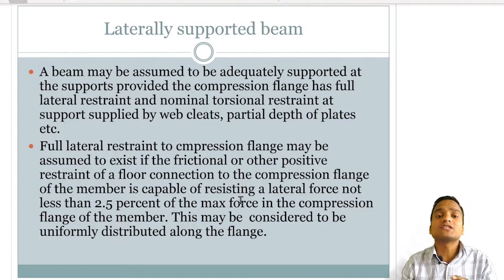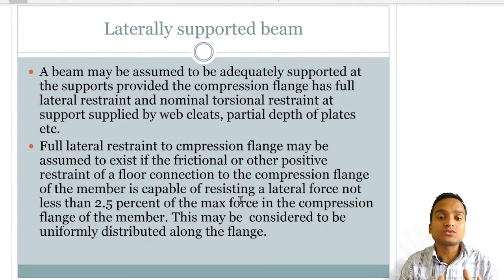So there is fully lateral restraint provided to the compression flange, and specifically it happens when the member is capable of resisting a lateral force not less than 2.5% of the maximum lateral force in the compression flange of the member.